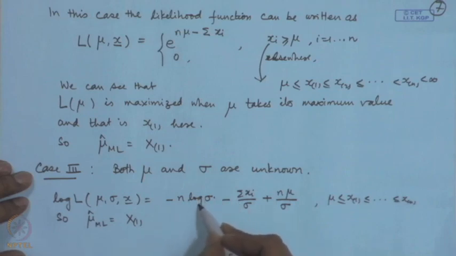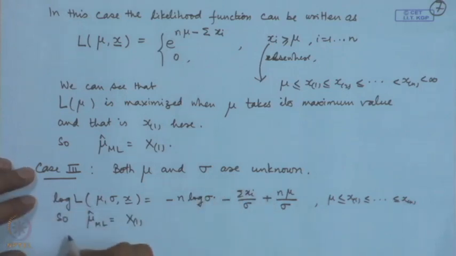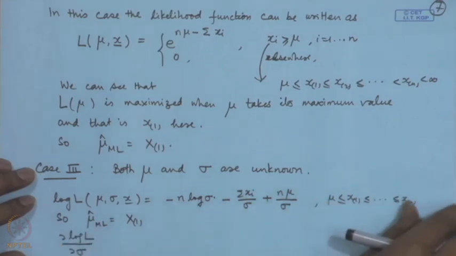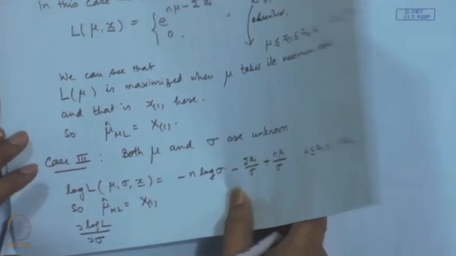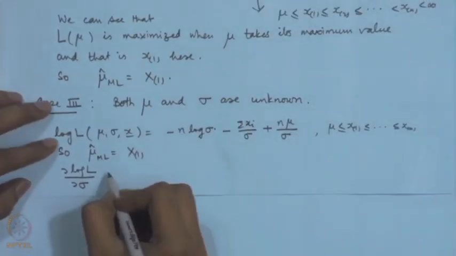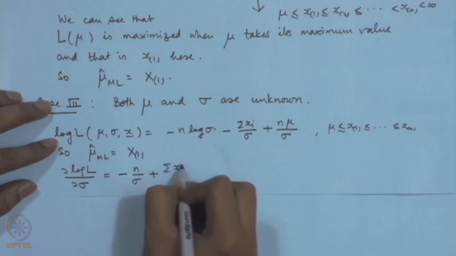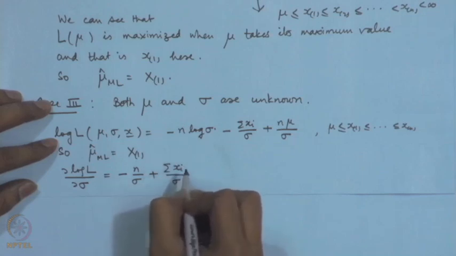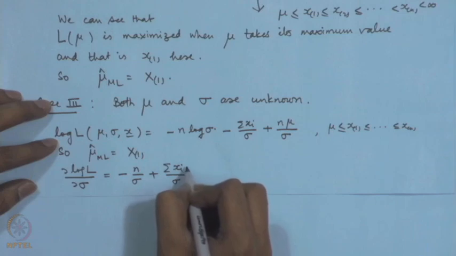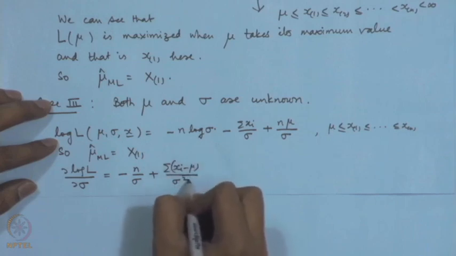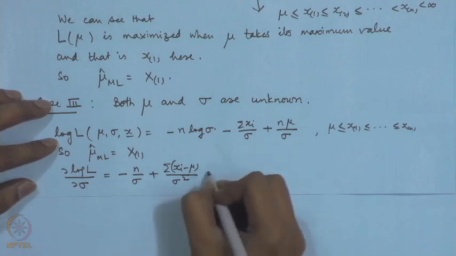However, for maximization with respect to sigma, we can apply the usual calculus here. So, you can consider the derivative with respect to sigma, that will be equal to minus n by sigma plus sigma x_i by sigma squared. So, we may put it together, and this is equal to 0.